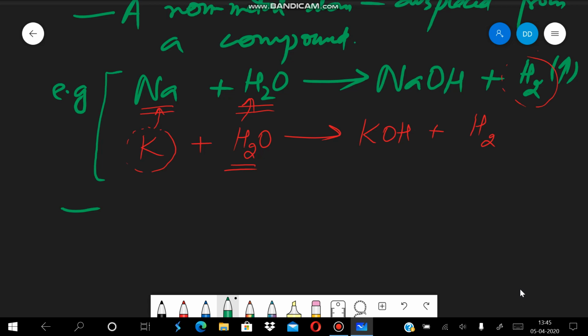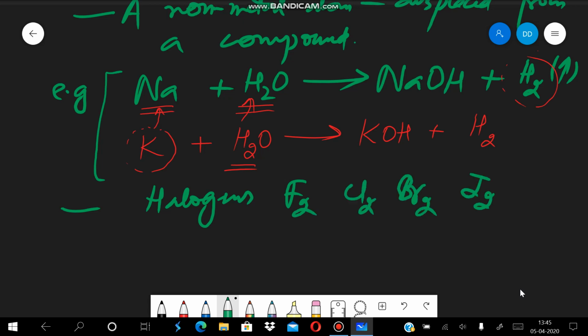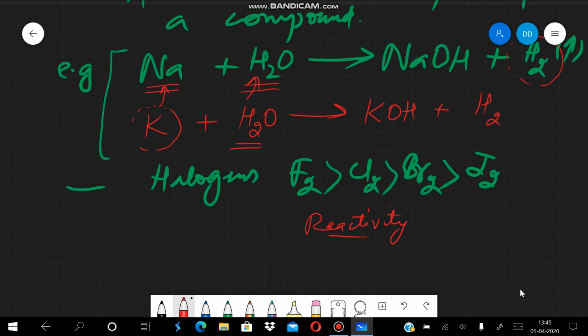For example, if we look at the halogens like fluorine, chlorine, bromine and iodine, if we see the reactivity of these halogens, fluorine is the most reactive halogen, and the reactivity of halogens decreases down the group from fluorine to iodine.